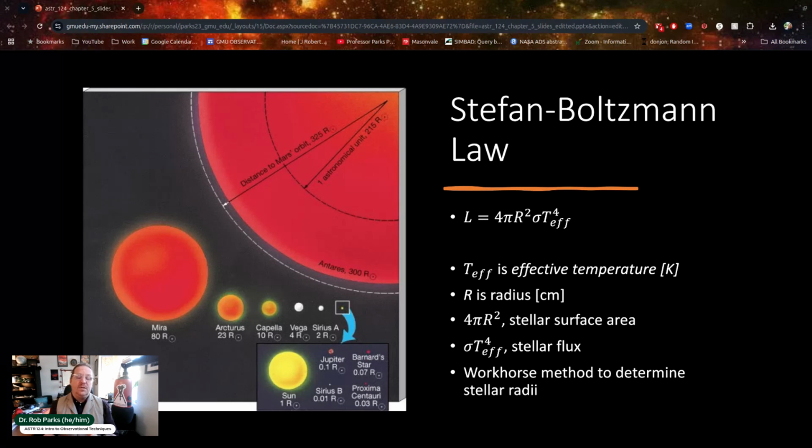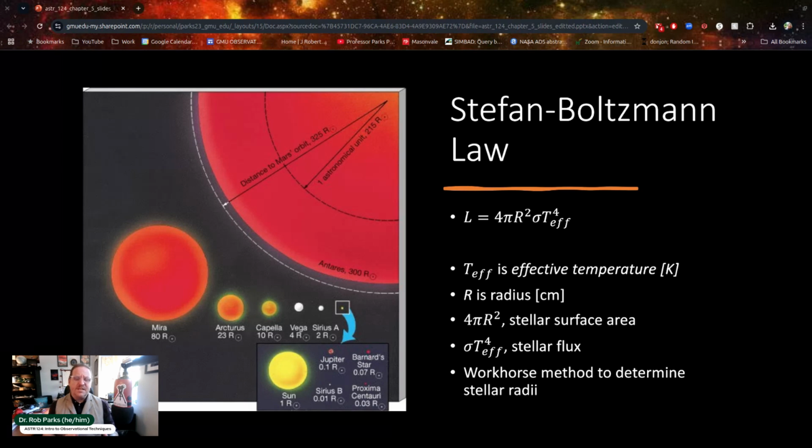You can break this law up into essentially two sections. You have 4 pi r squared, which is the surface area of the star, and then you have sigma t to the fourth, which is defined as the stellar flux. That is the flux coming out of any particular area on the surface.